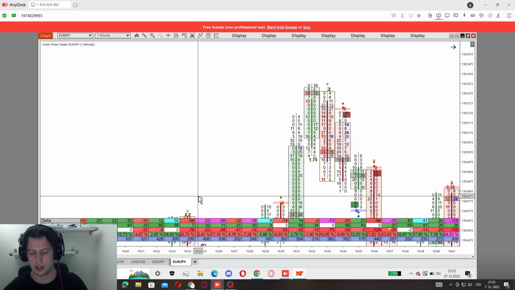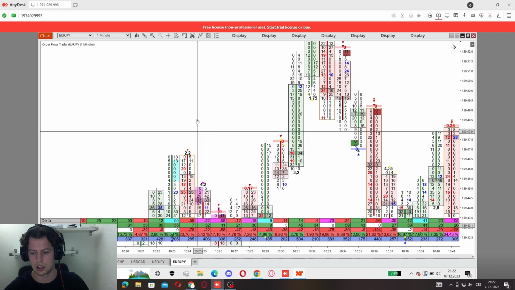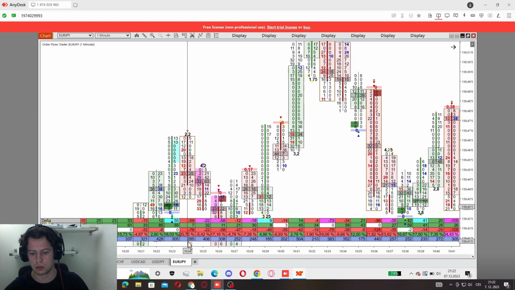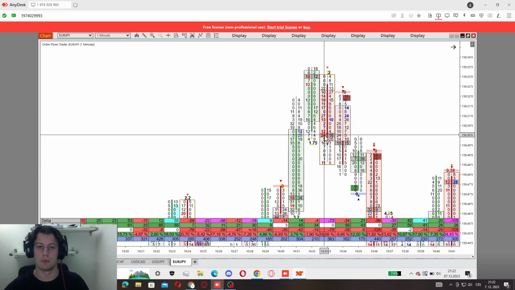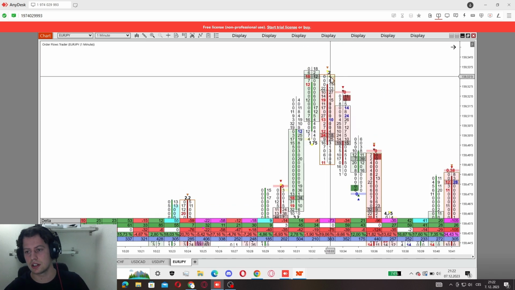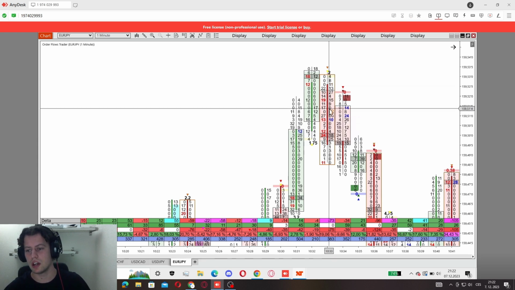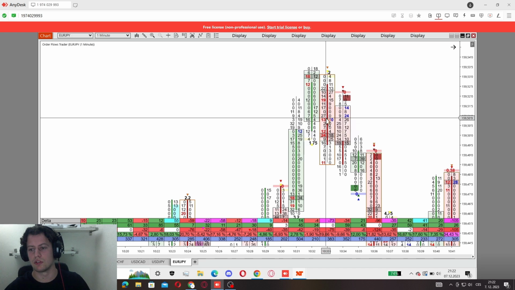These bearish candles have average numbers like 285, and here, boom, 383, almost 400 of traded volume. So this is a strong candle. In my strategy, when this beautiful candle appears, we enter from the 50% of this candle.